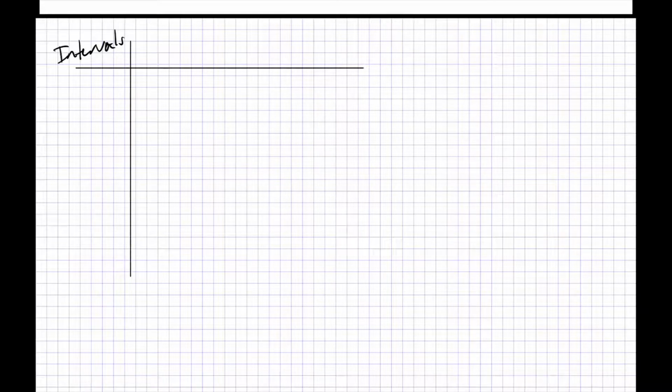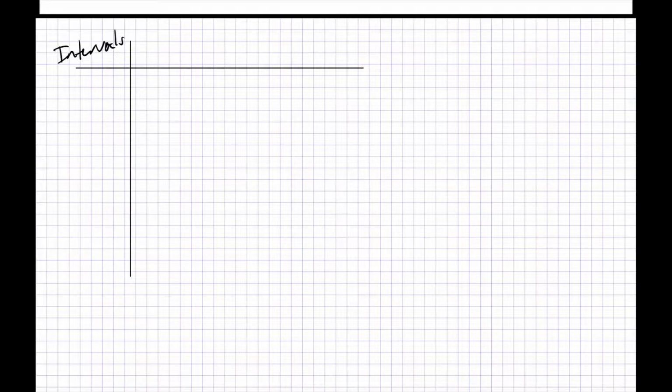That's where we always start. Intervals are from here to here. For example, our bell schedule is intervals. They're called periods: interval 1 is period 1, interval 2, interval 3, and so on. An interval is a smaller section of a whole.